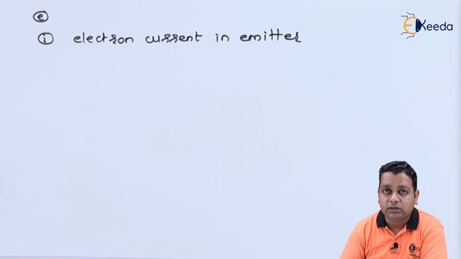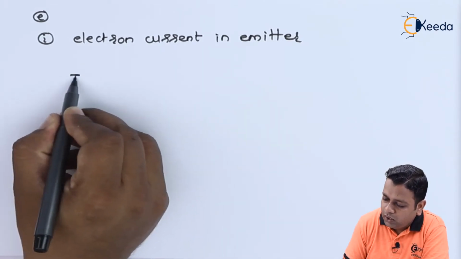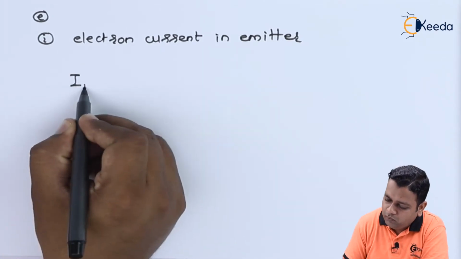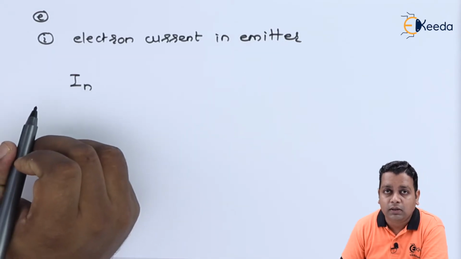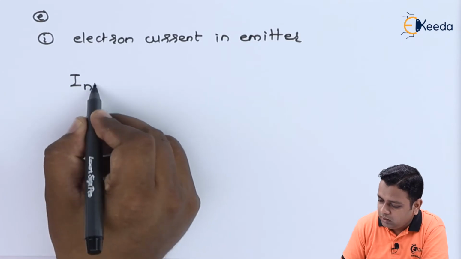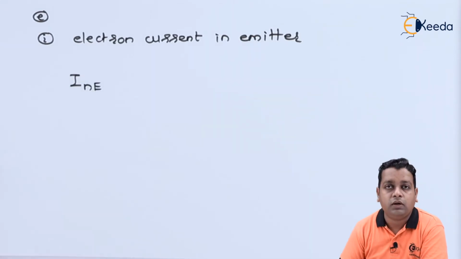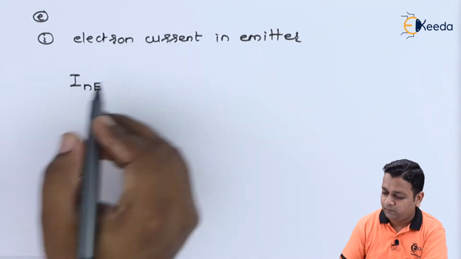So this current is denoted by capital I for the current, N for representation of the carrier, that is nothing but the electron here, and for the emitter case we put capital E in the suffix here.